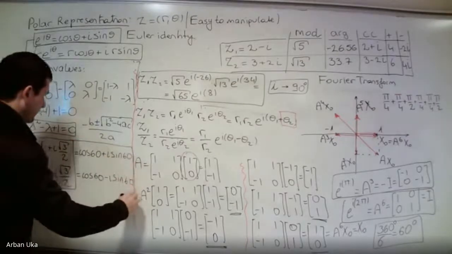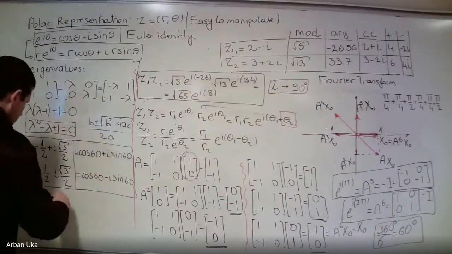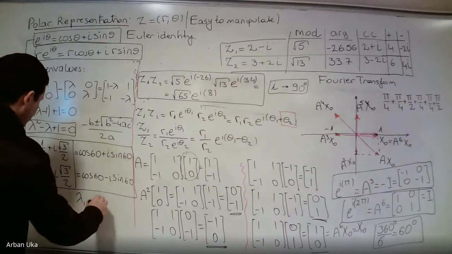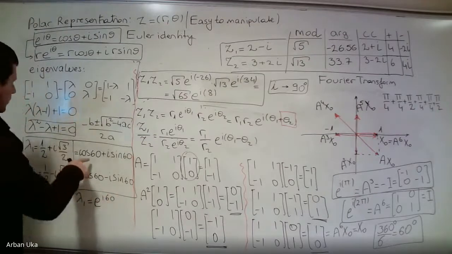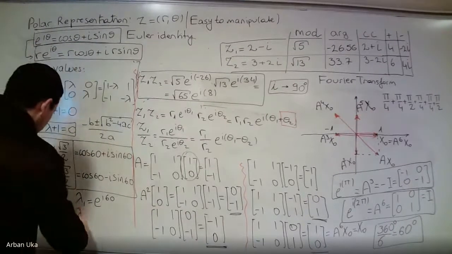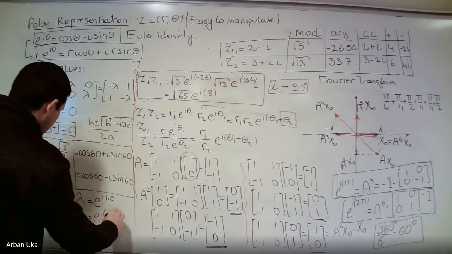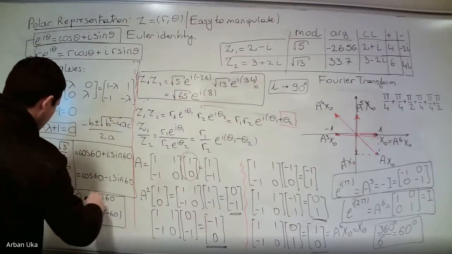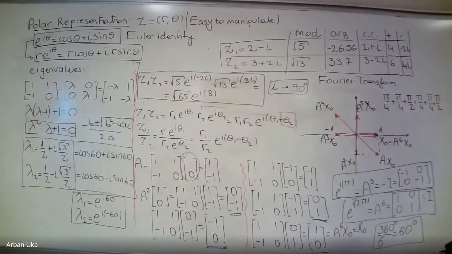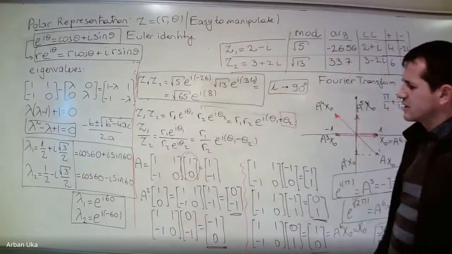Which means that lambda 1, I don't have space to write it here, but one can interpret lambda 1 as e to the power i times 60. Why is this? Because we have the Euler identity, right? And lambda 2 is an eigenvalue which is e to the power i times minus 60. So it looks like we have a matrix A, which is this 2 by 2 matrix, 1, 1, minus 1, 0.